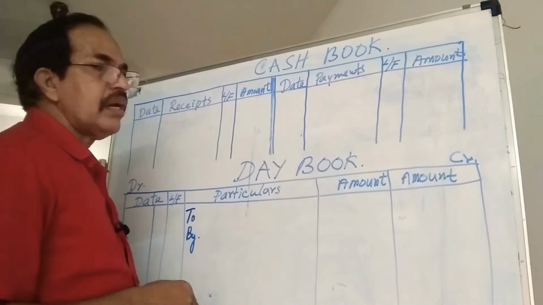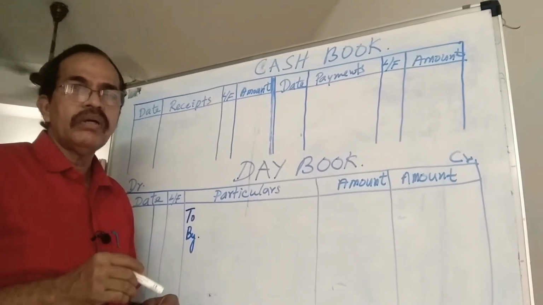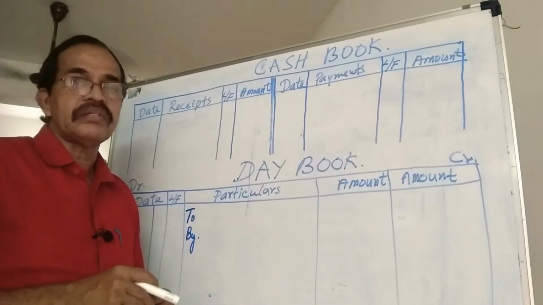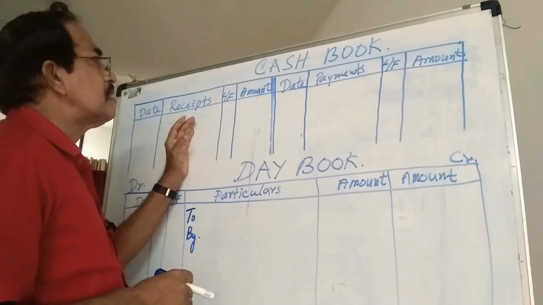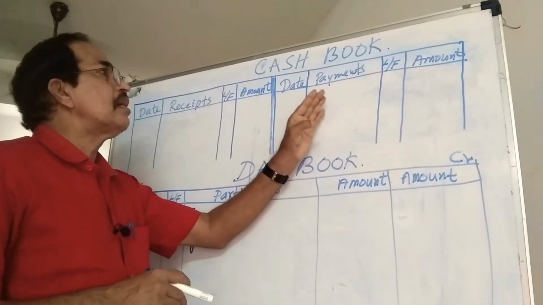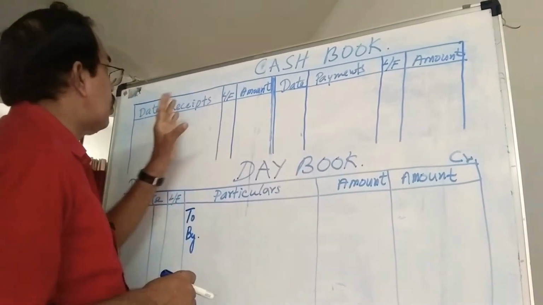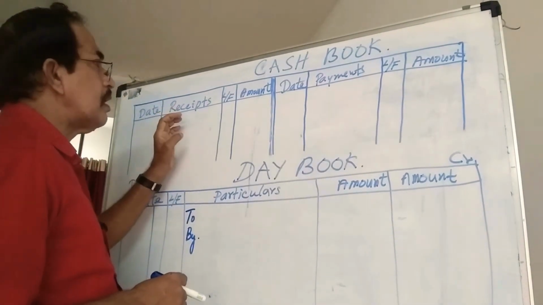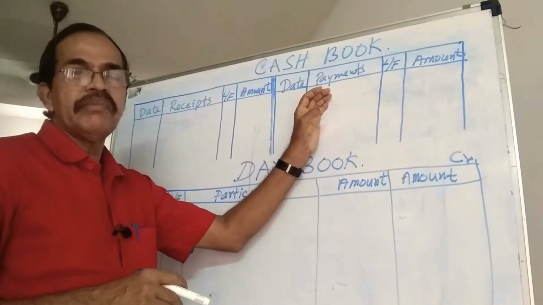What is the use of a cash book? A cash book is used to record only cash transactions. All the cash receipts are recorded on the receipt side, and all the cash payments are recorded on the payment side. All the sources of cash are recorded on the receipt side, and the utilization of cash is recorded on the payment side.